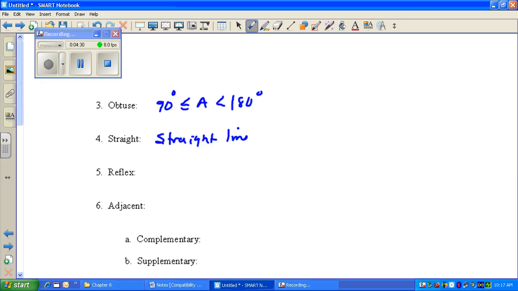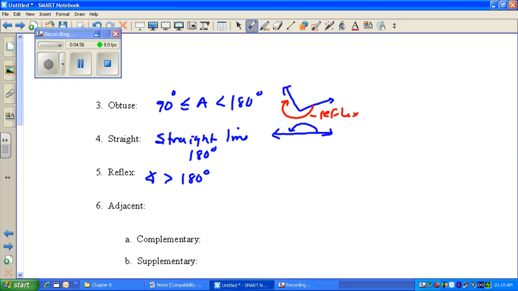So obtuse is something like this, bigger than 90, where a straight line angle would be 180 degrees. So if I went from here to here, that would be 180 degrees. And a reflex angle is an angle that is greater than 180 degrees. So if I go back up here to my obtuse, this angle here would be my reflex. This angle in here would be my obtuse.